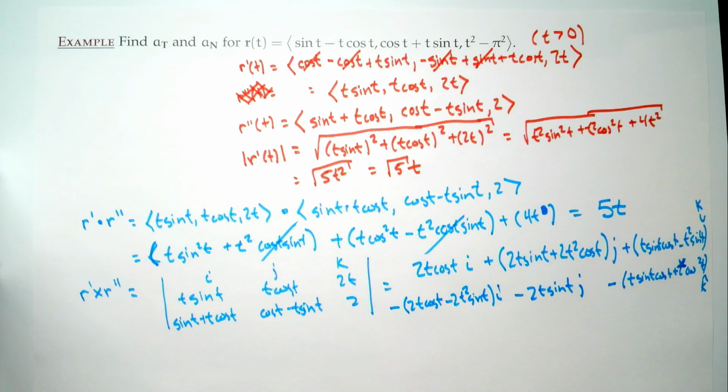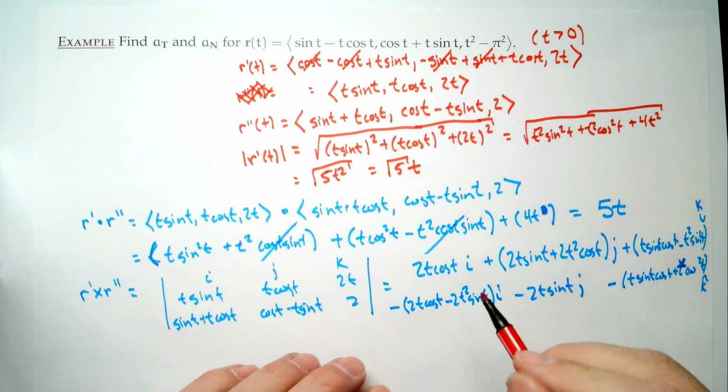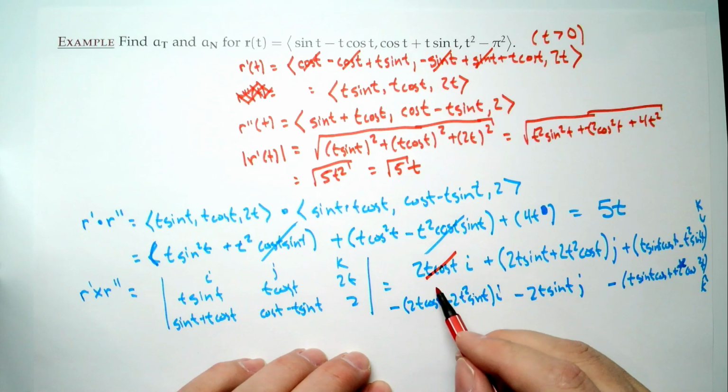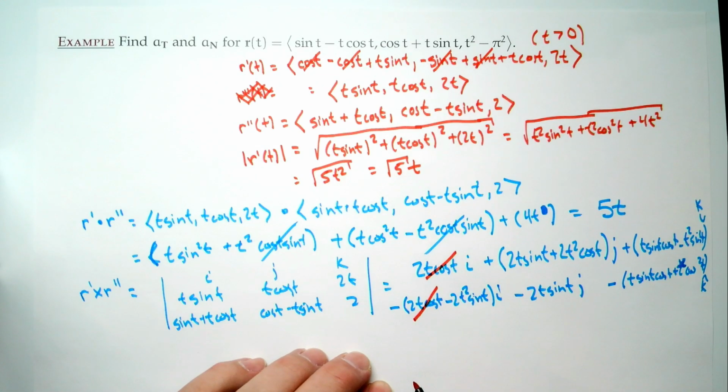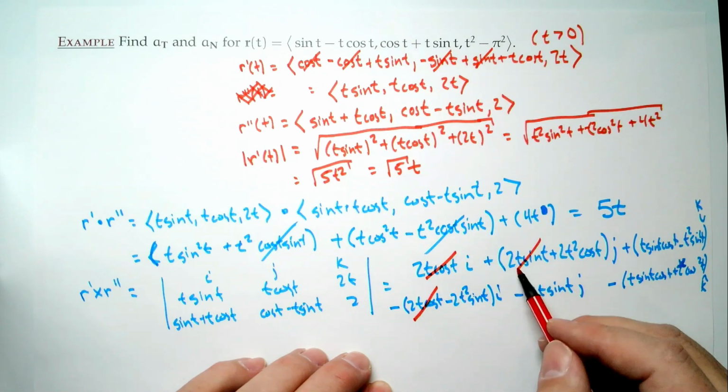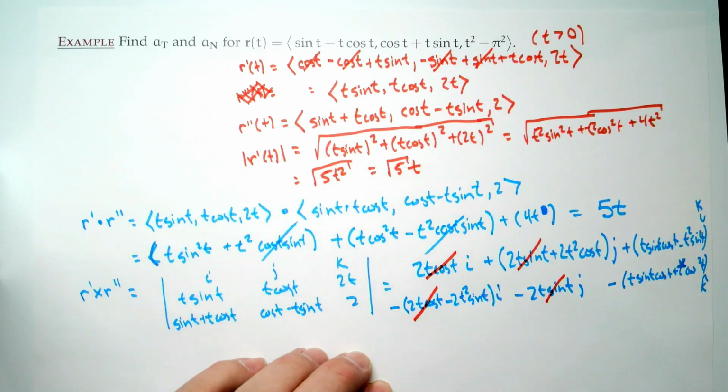Well, if we're careful, which at this point I'm not sure if I have been, things should be nice. Those 2t cosine t's in the i direction cancel. 2t sine t's in the j direction cancel. t sine t cosine t in the k direction cancel. And what's left?